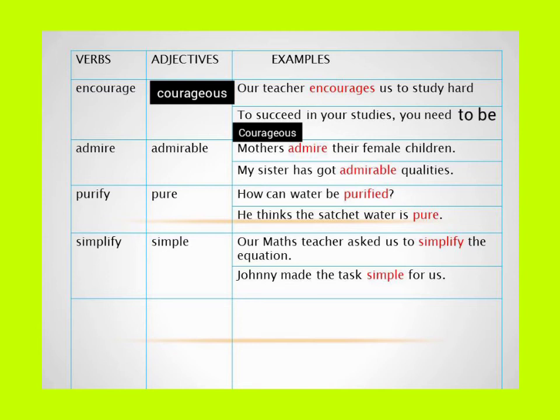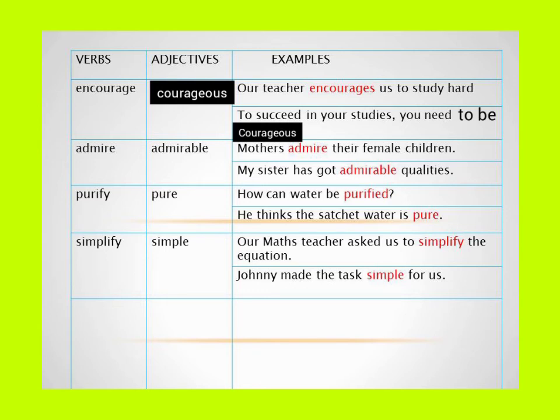In the word admire, we didn't have to drop a prefix, but we simply added a suffix to make it become an adjective. So in admire, a verb, we added able, and now we have admirable.